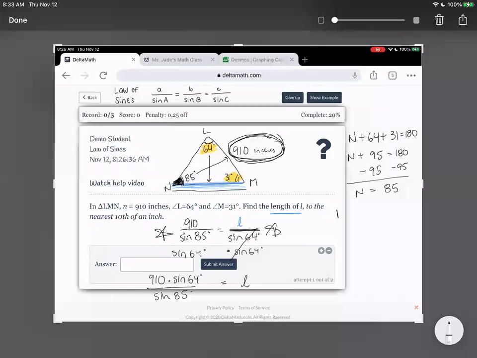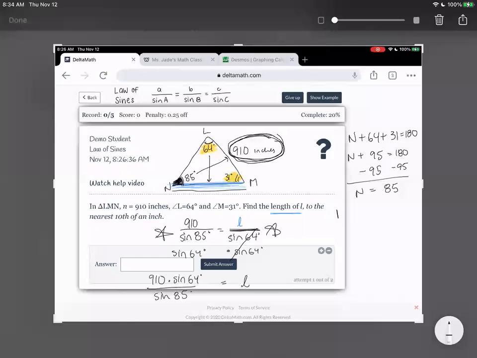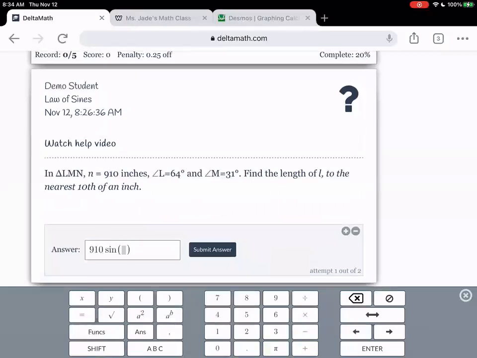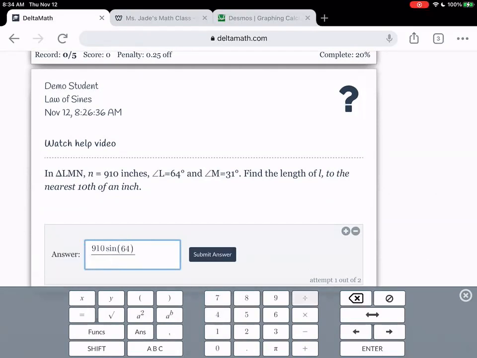So we're gonna type this into the calculator, but before we type it, I'll give you guys some time to write stuff down or ask questions, whatever it is you need. Okay, so we have 910 times sine of 64 divided by sine of 85.